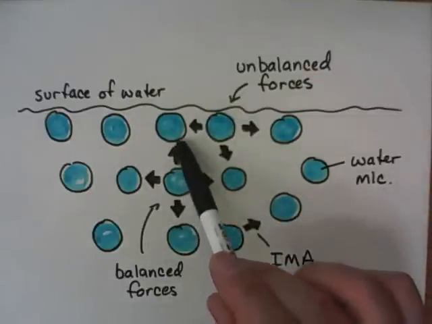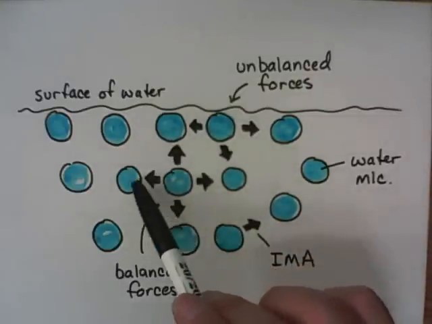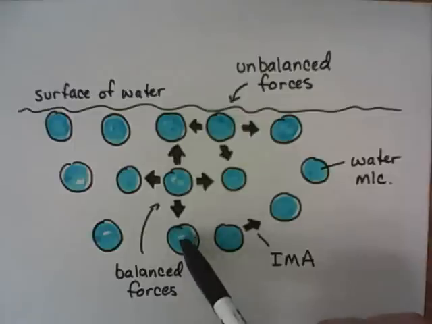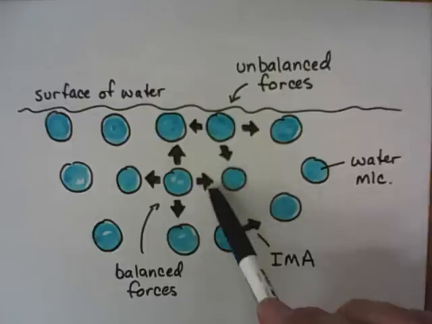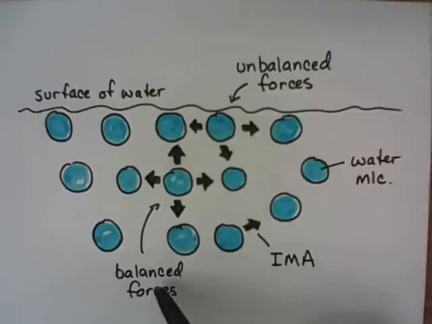And you notice that he has attraction to this molecule, and to this molecule, and to this molecule, and to this molecule. And so these attractions are in all directions. And so we say that these attractive forces are balanced.